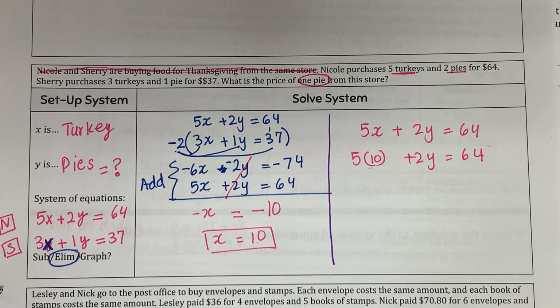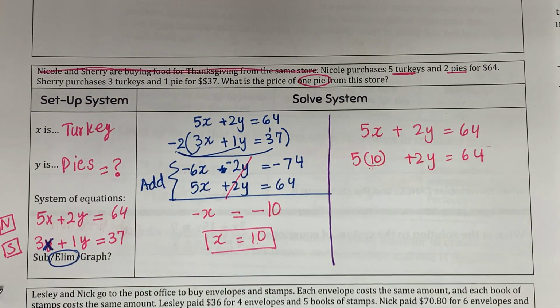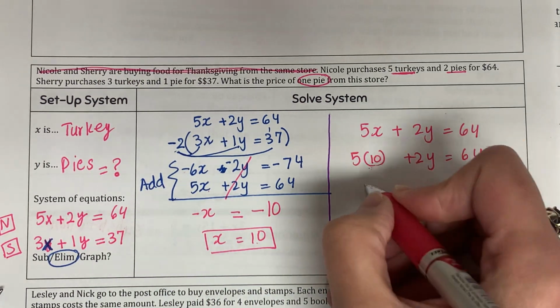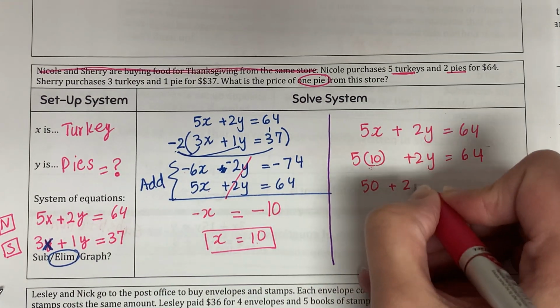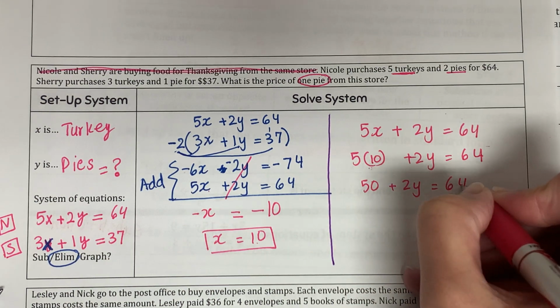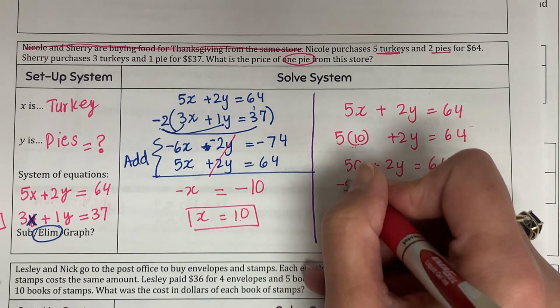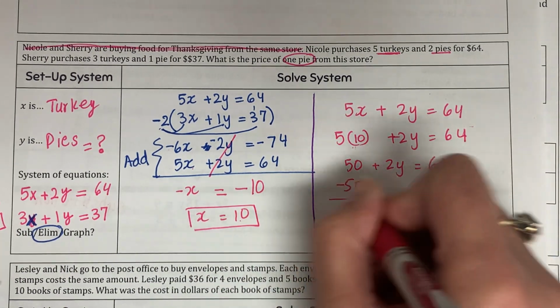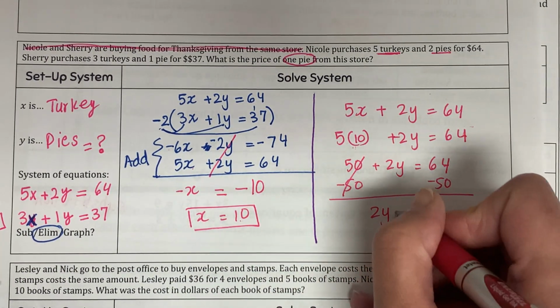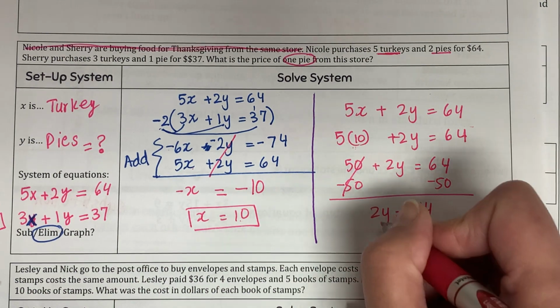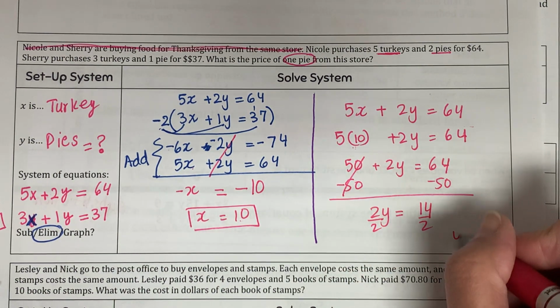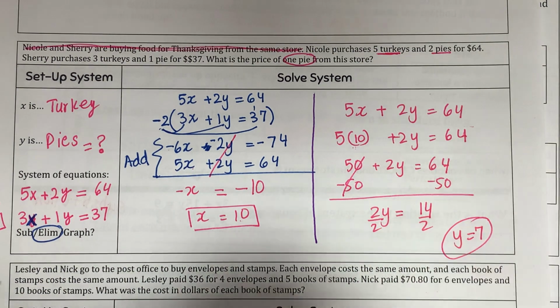This is what you should be doing as well. Always, always, always plug in using the parentheses. You will not make a mistake. 5 times 10 is 50 plus 2y equals 64. Subtract 50 here. You're left with 2y equals 14, divided by 2. So y is equal to 7.